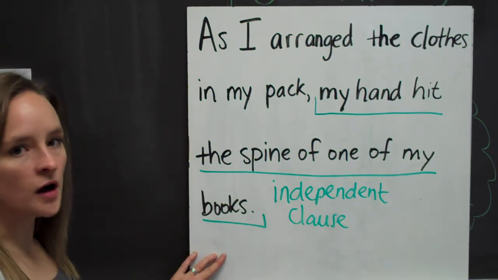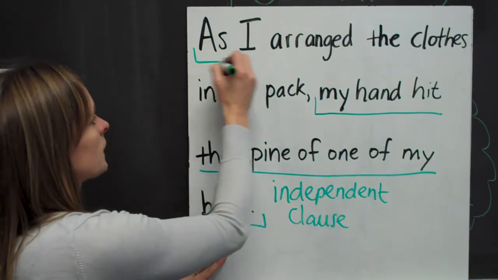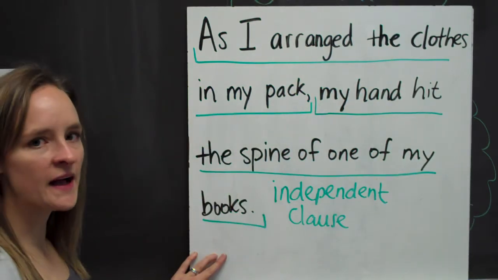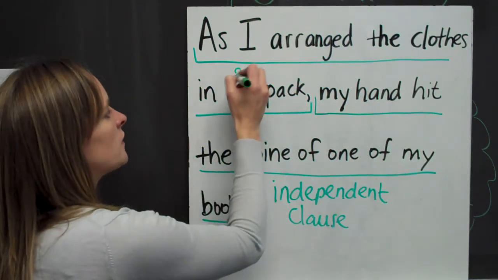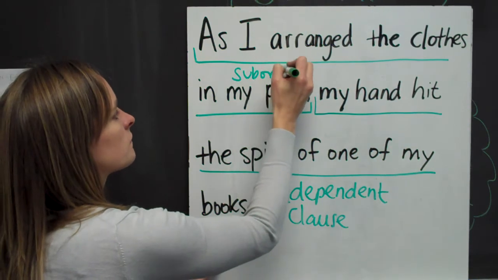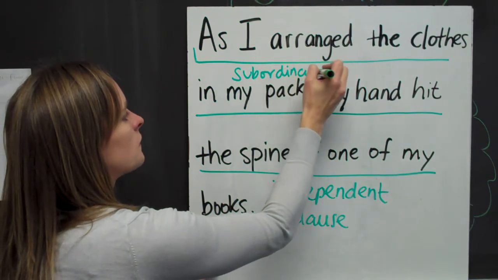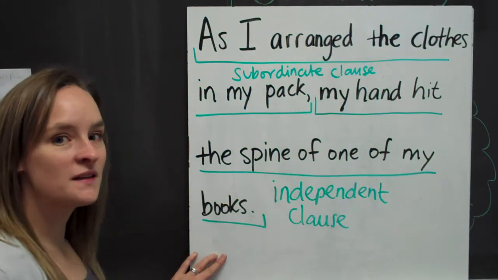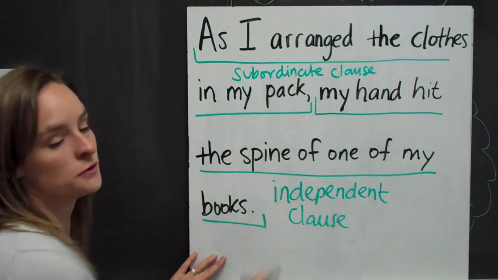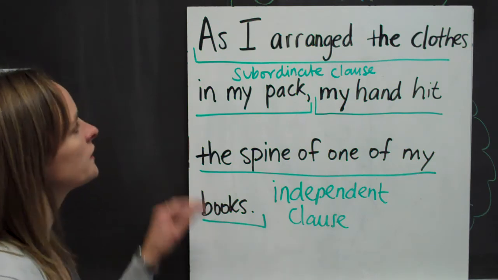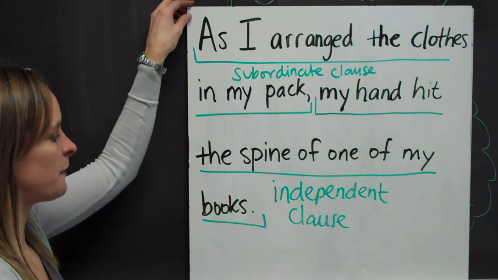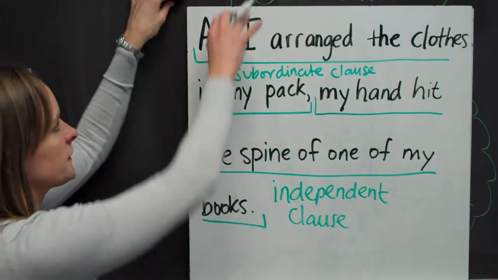It makes sense all by itself. As I arranged the clothes in my pack, that's a subordinate clause. It doesn't make sense unless it's attached to an independent clause. Altogether, as I arranged the clothes in my pack, my hand hit the spine of one of my books. That's good.